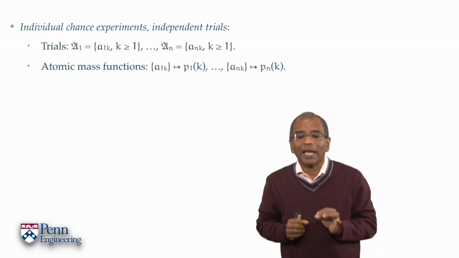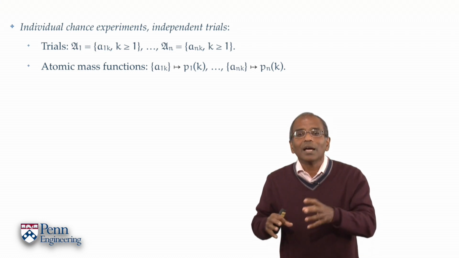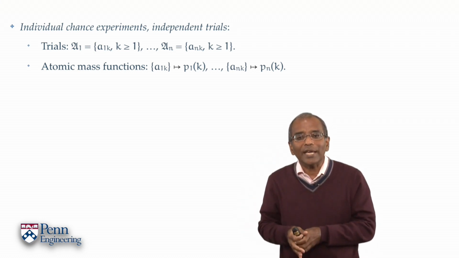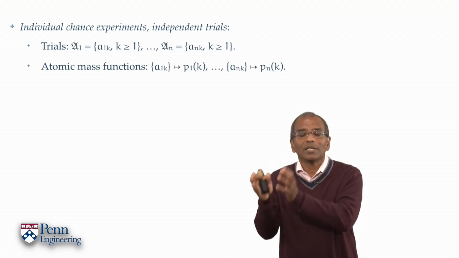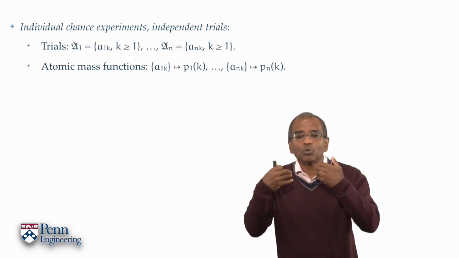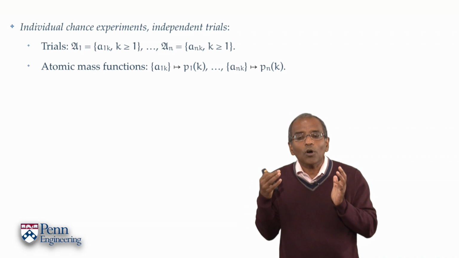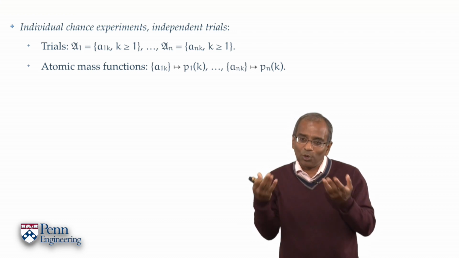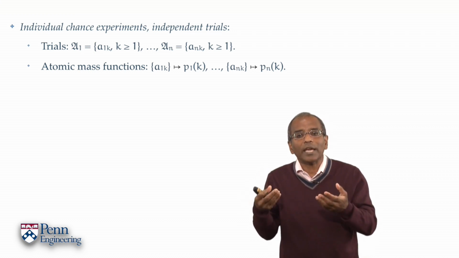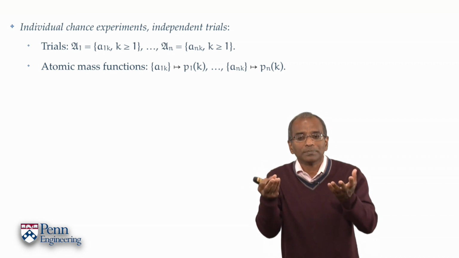So P1(k) is the mass in trial 1 allocated to the atom A1k. k now is allowed to run over all possibilities. Of course, the P1(k)'s have to be non-negative, and as we sum over k, P1(k) has to add to 1.